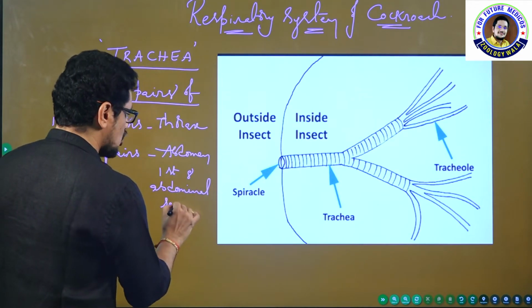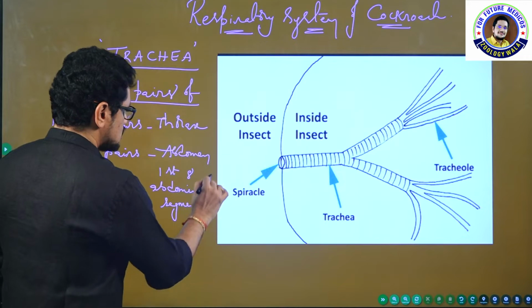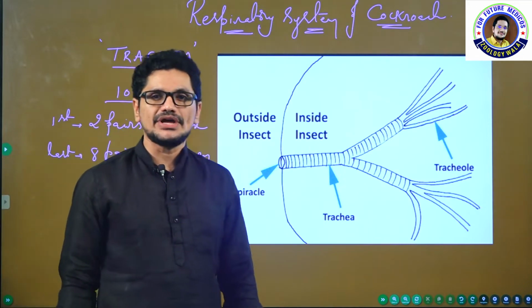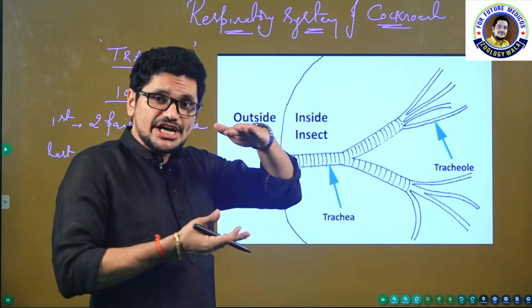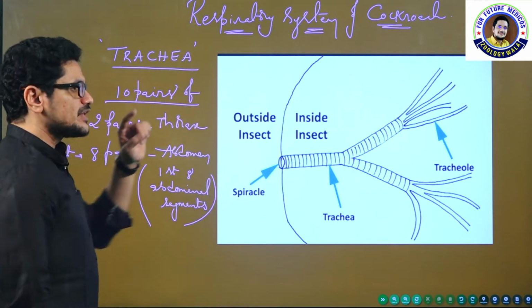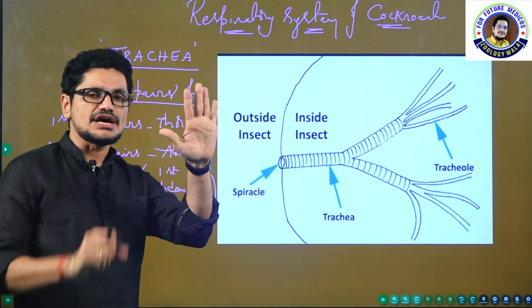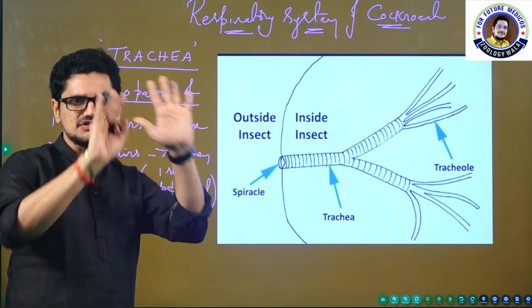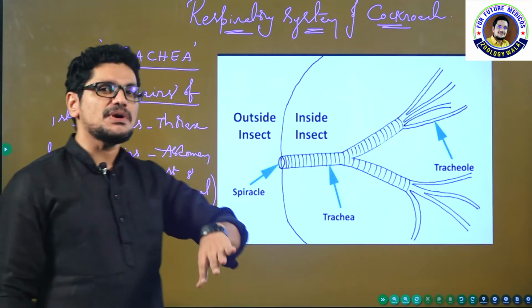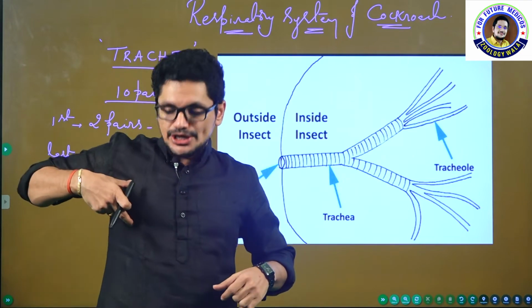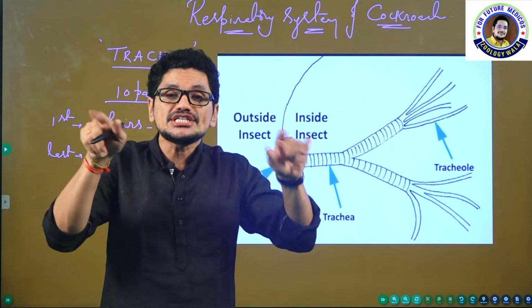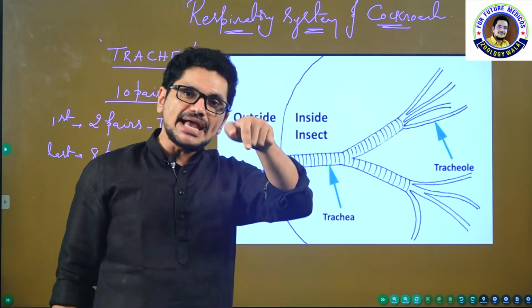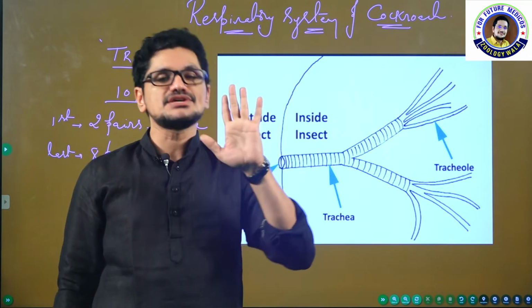How many abdominal segments are present in the adult cockroach? 10 abdominal segments are present. First 8 abdominal segments contain 3, 4, 5, 6, 7, 8, 9, 10 pairs of spiracles. So, how many spiracles are present? 2 plus 8, 10. Total 20 spiracles are present. How many pairs of spiracles? 10 pairs of spiracles are present.